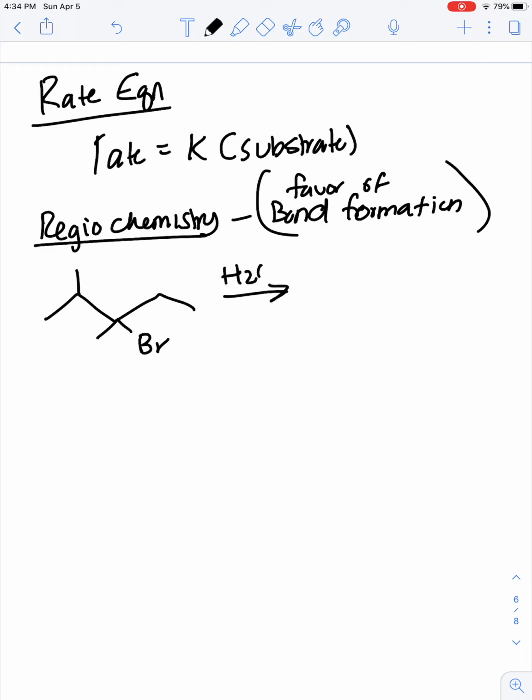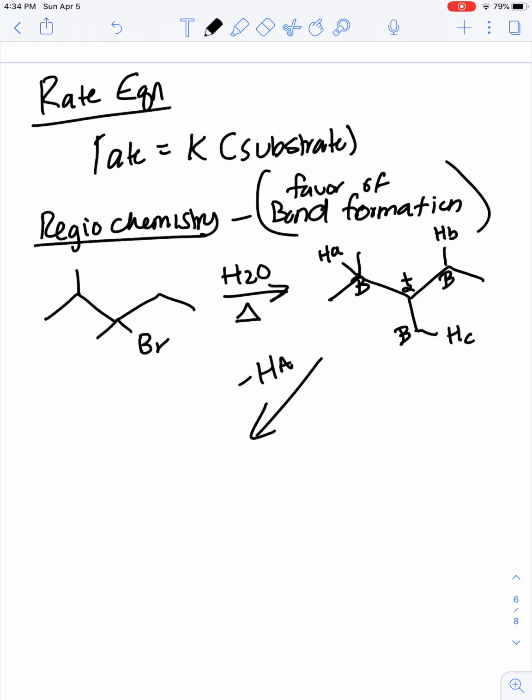If the reaction is done in water with, let's say, a little bit of heat, we're going to have the formation of our carbocation. And now we have to think about all the different hydrogens that we have. We have HA here, we have an HB hydrogen here, and we would have an HC hydrogen here. So again, this would be our alpha, this is going to be a beta, this is going to be a beta, this is going to be a beta carbon. And then we're looking at all the hydrogens attached to that beta. So if we remove HA versus if we remove HB versus if we remove HC.